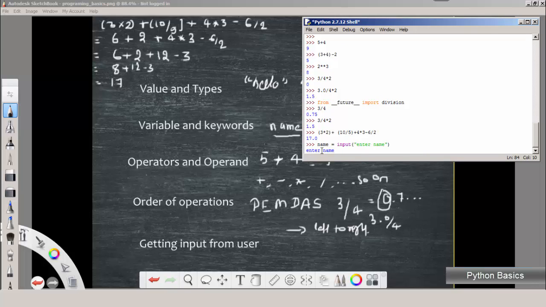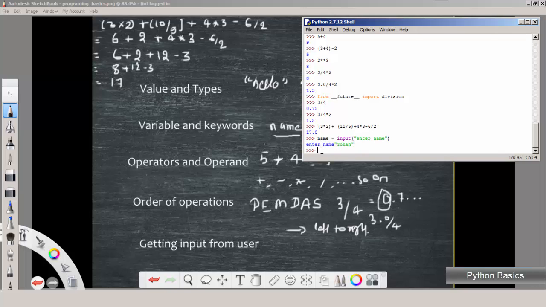The user will enter Rohan. And now try to print the name variable: Rohan. So like that we can get input from the user.